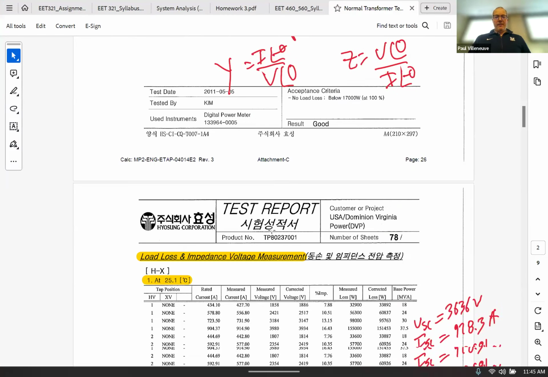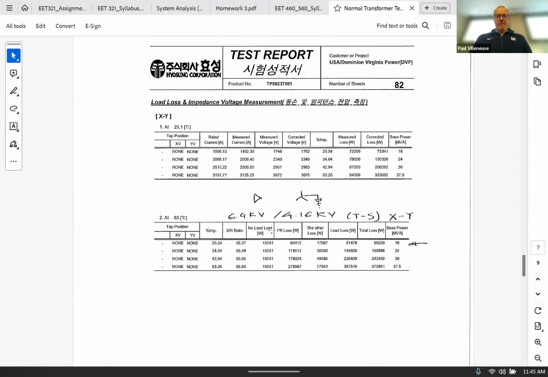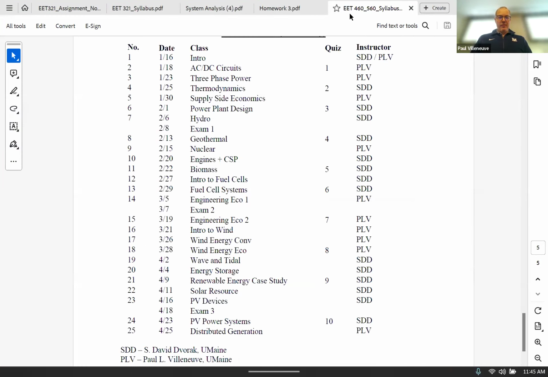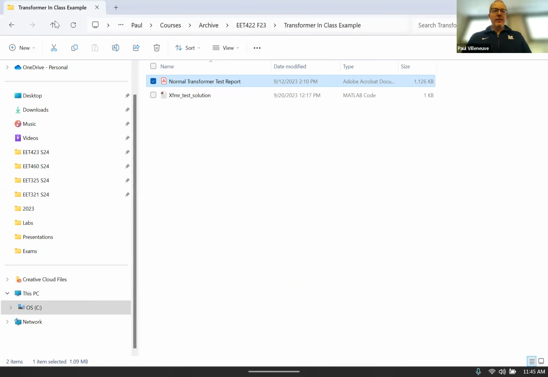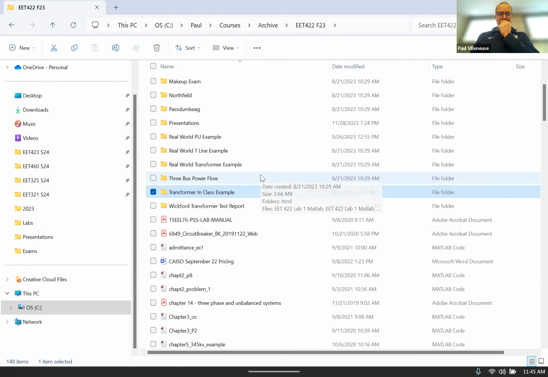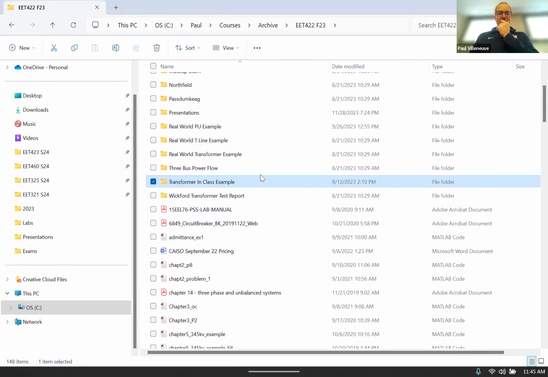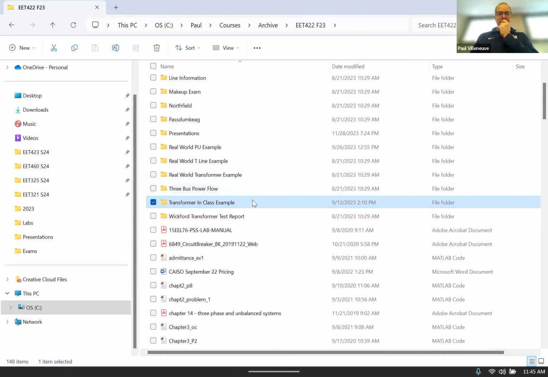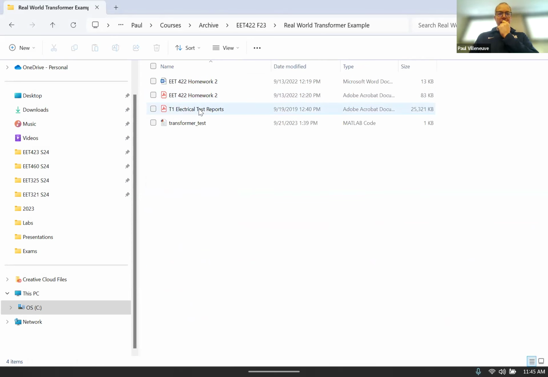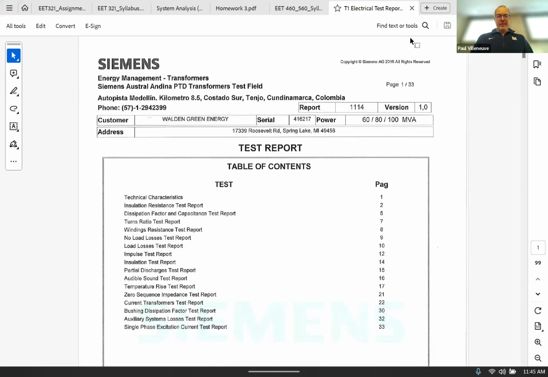Do I have the other one? I was hoping to have the other one. I might not have it on this computer. Where is the transformer stuff that I have? All right, let's try this one. I think it's this one. No, that's a three-phase. Sorry.